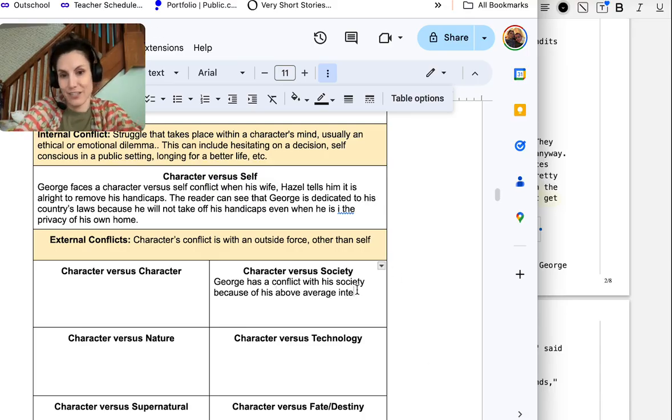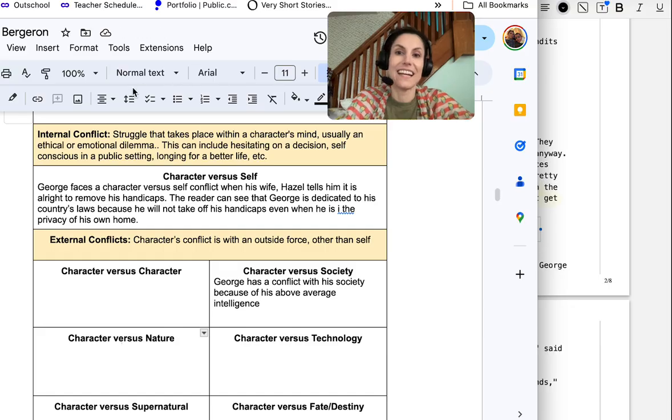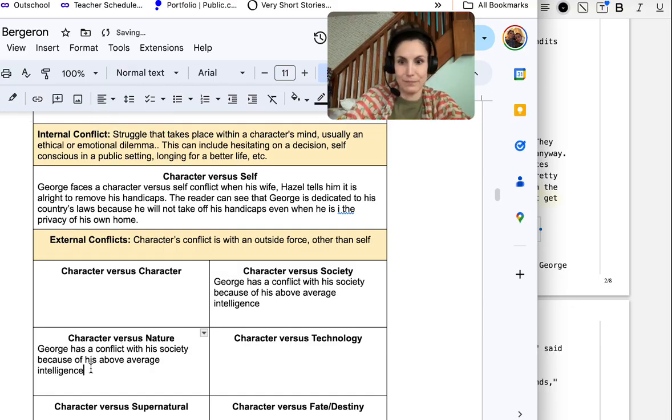Actually, that would go under nature here. So this goes into the nature section because George and Harrison both have this conflict. Their above average intelligence has resulted in them wearing this, and intelligence would be a nature.